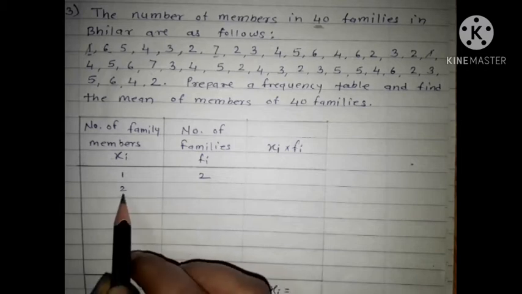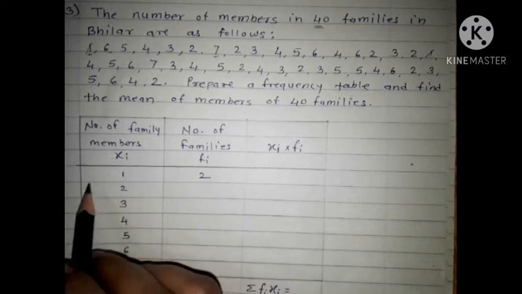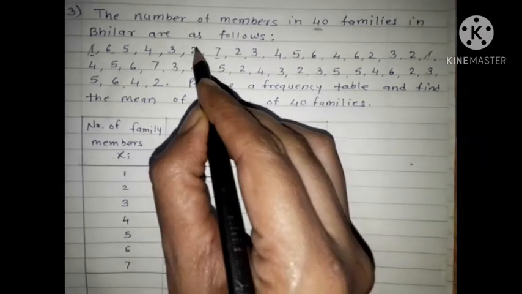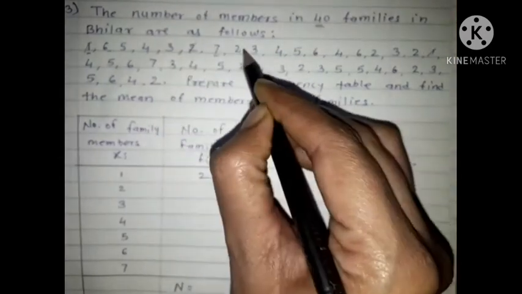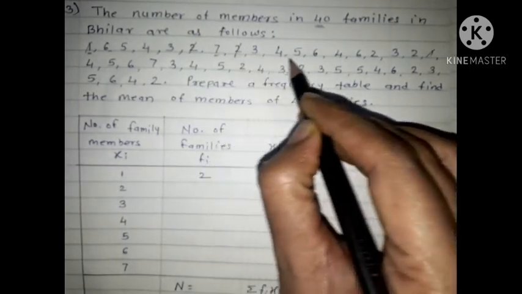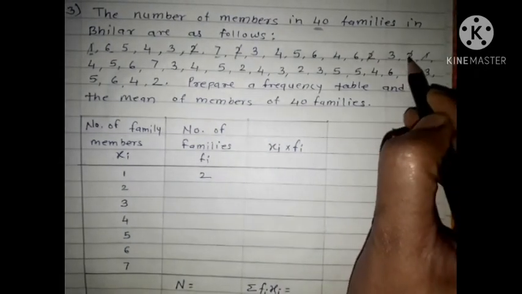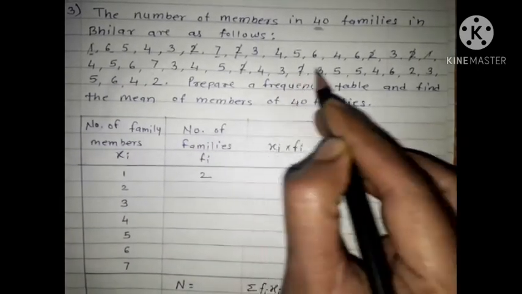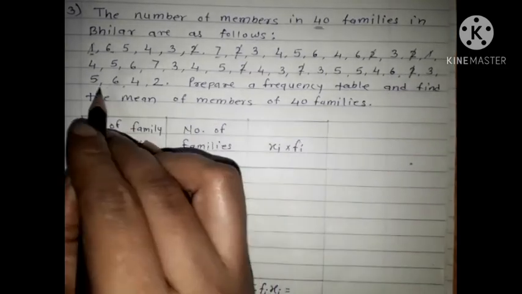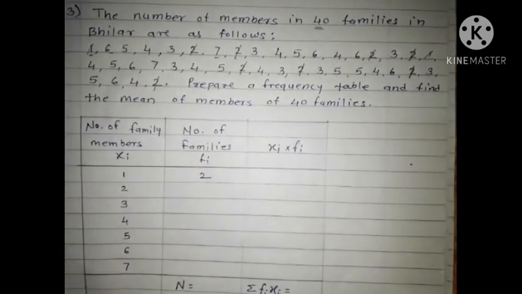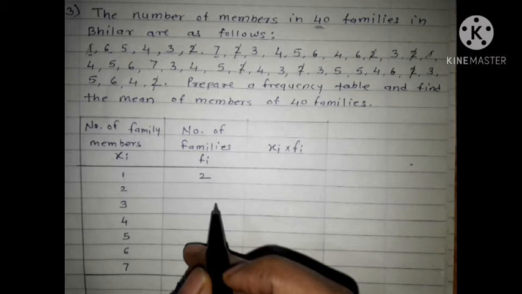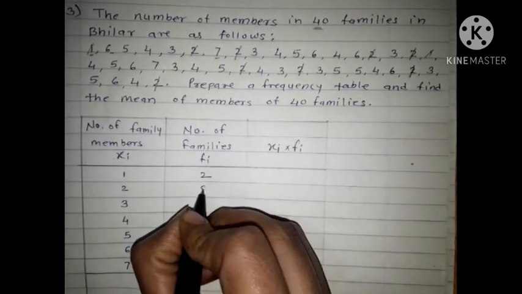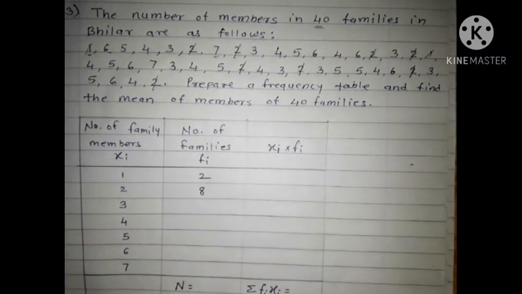Now the families having 2 family members: count 1, 2, 3, 4, 5, 6, 7 and 8. There are 8 families having 2 family members. Therefore we write 8 here.